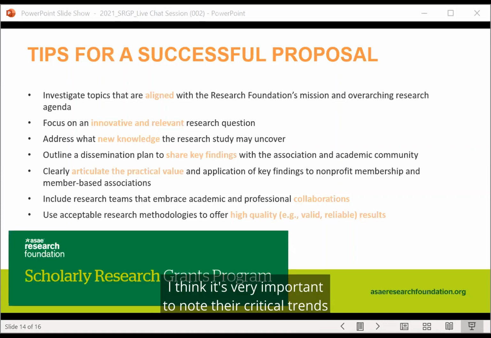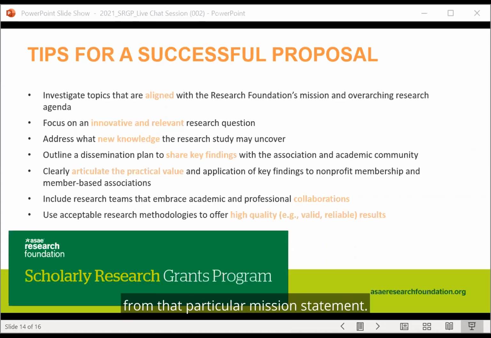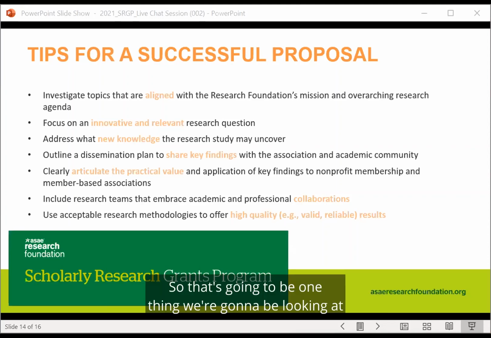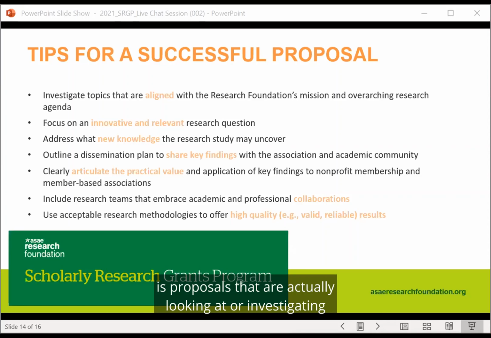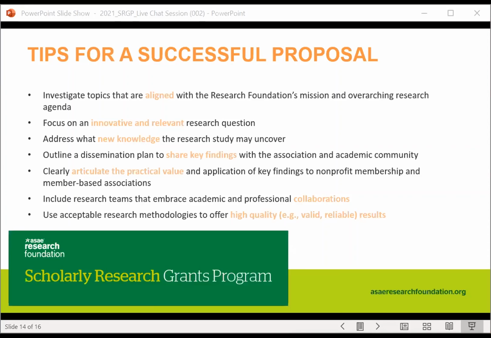I think it's very important to note that critical trends come out of that mission statement. We're looking for research that actually hits those critical trends in association leadership and management. So we'll be looking at proposals that investigate those critical trends and, helpfully, offer some solutions for how people navigate them.